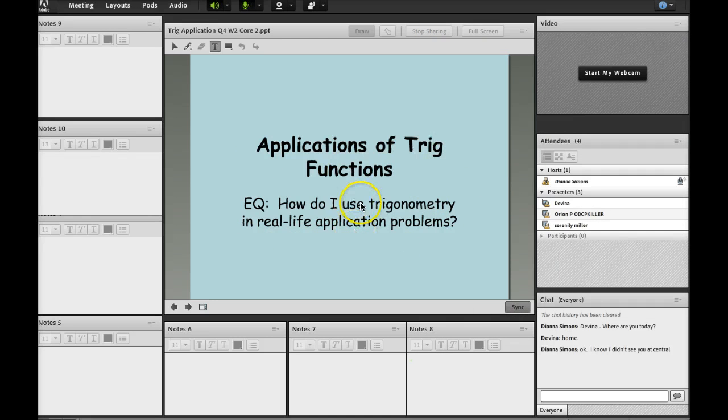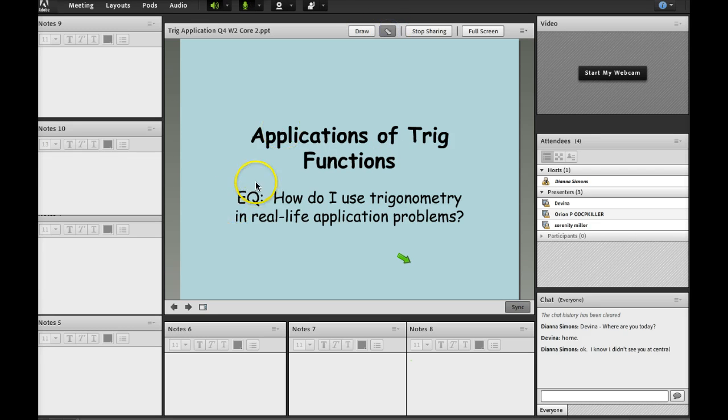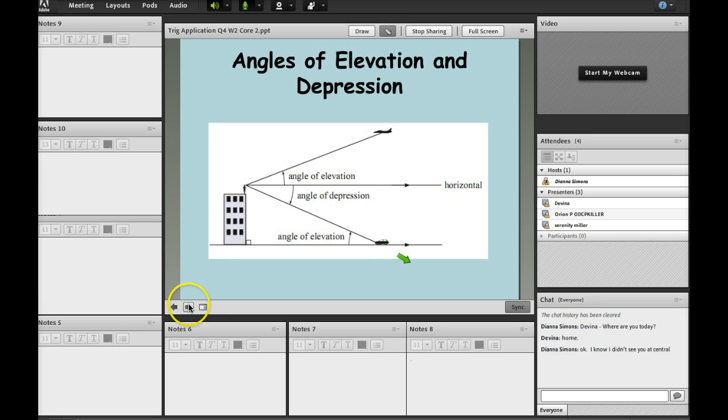Okay, so trig applications, these are like real life examples, right? So let's get started. The other thing that is talked about in this third assignment are angles of elevation and angles of depression. Angles of elevation are the angle made with the horizon.